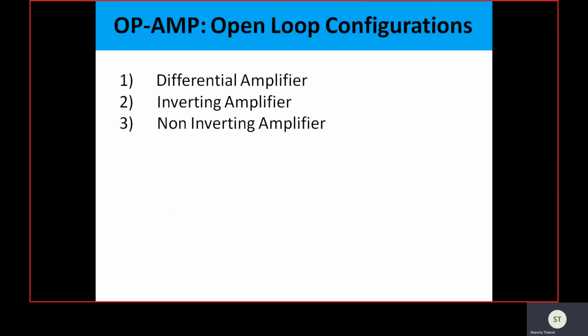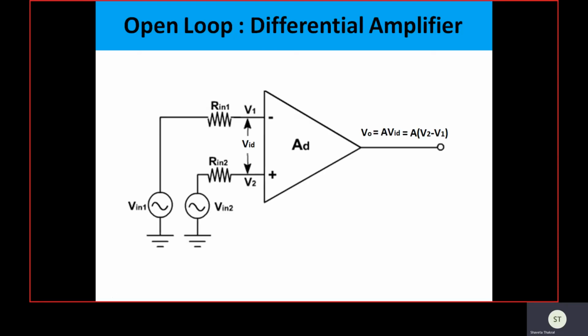So for the operational amplifier, if we talk about open loop configuration, we can have three types of configuration. One is called the differential amplifier, second is called the inverting amplifier, and the third is called the non-inverting amplifier. In the case of the differential amplifier, the input is applied to both the input terminals.